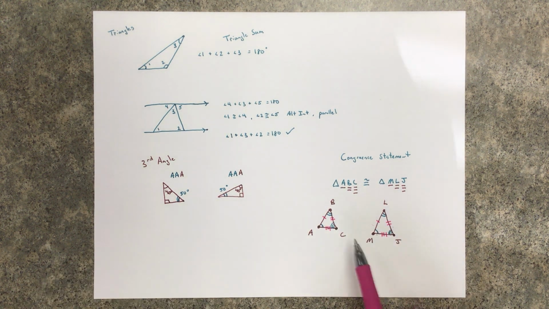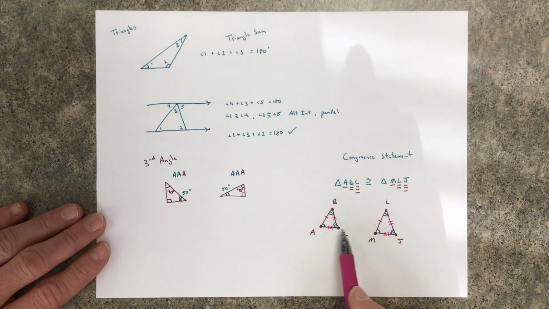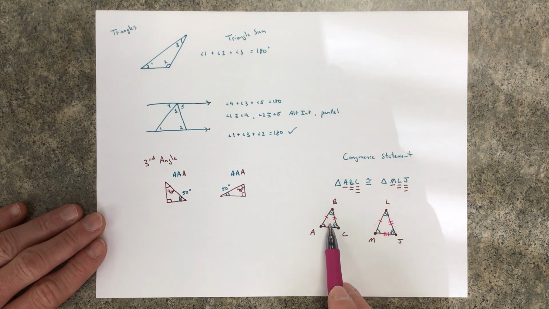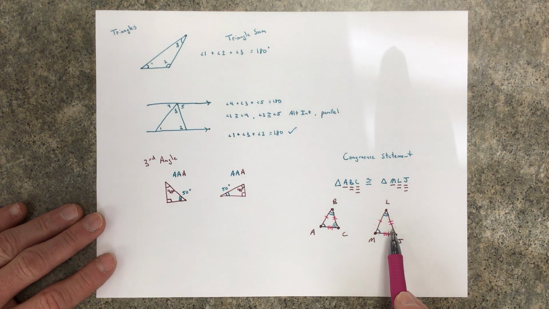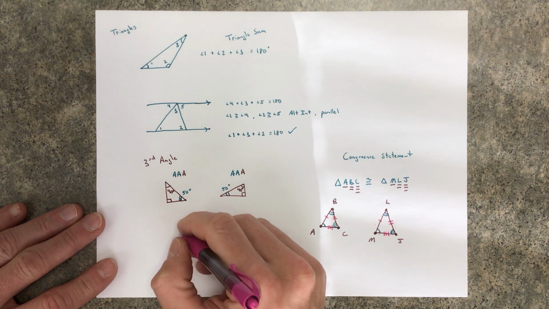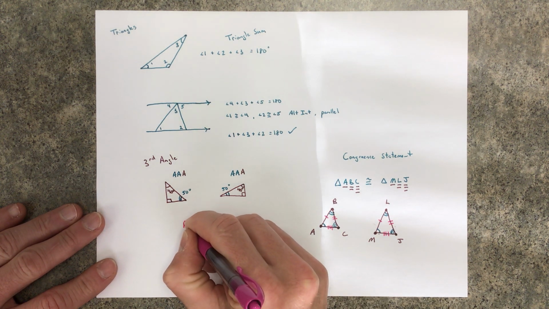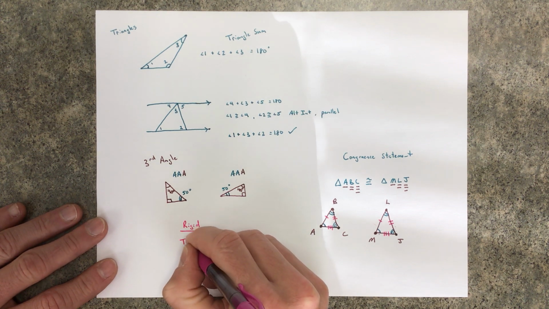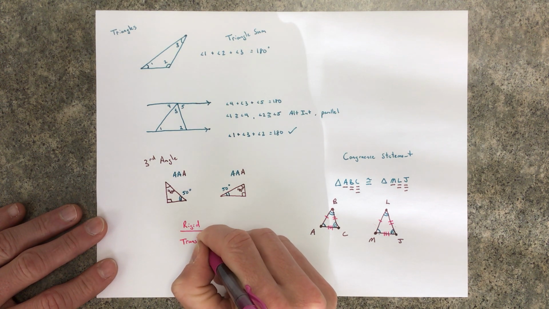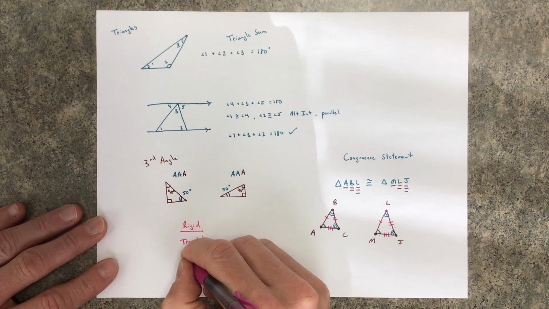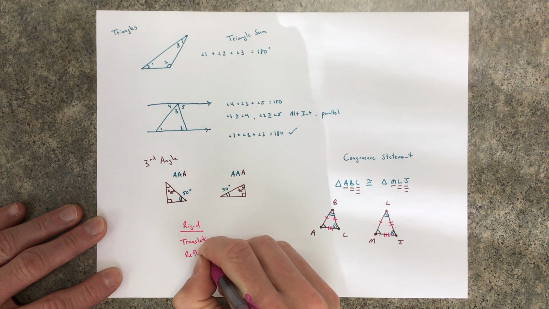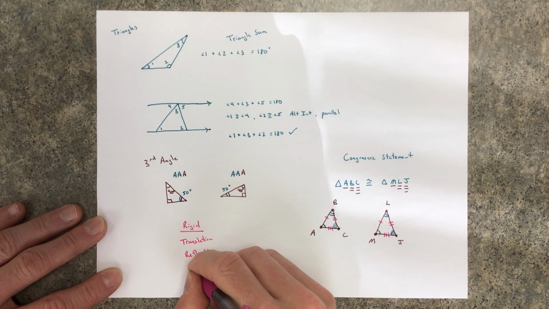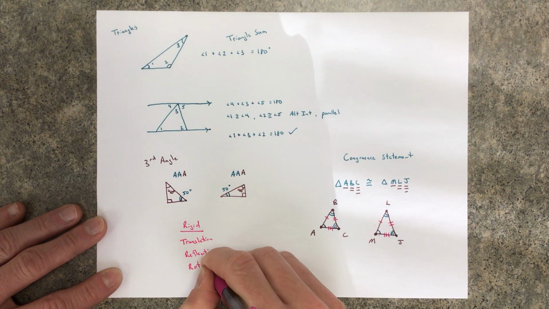Now this guy looks like it's just a translation, right? I just took this triangle and I copied it and I just moved it over. But you know, you can do all those things. Remember, we did rigid transformations where we did a translation, a reflection, and a rotation, right?